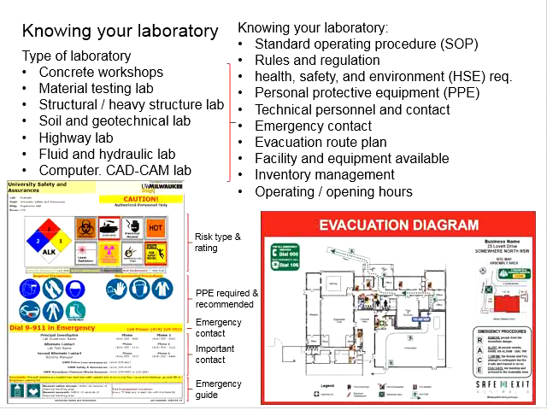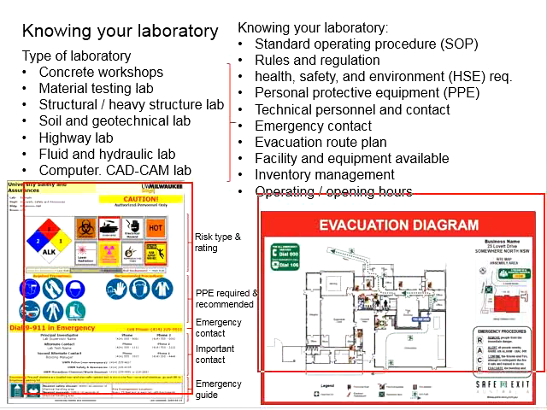Make sure you read every single notice, as well as the posters displayed in the lab. Don't just ignore them, because when any emergency happens, you might not have sufficient time to read them for immediate action.